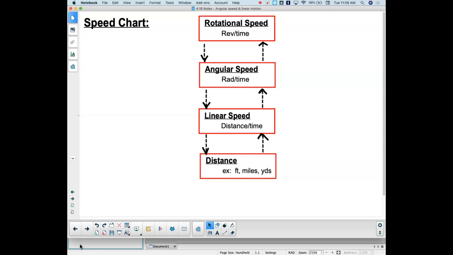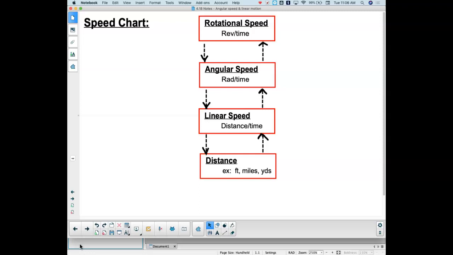Then we have angular speed. Angular speed then brings into fact the radians. Okay? So the radians per time frame. Radians per minute, radians per second, etc. Linear speed is what you are most familiar with. Okay? Linear speed would be like miles per hour, feet per second, etc. Okay? So as something is going round and round, we can have one of those 3 different speeds for it.